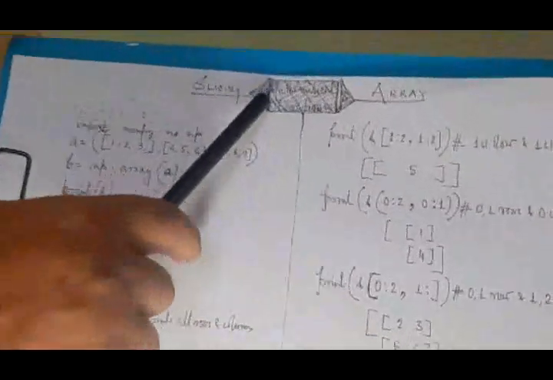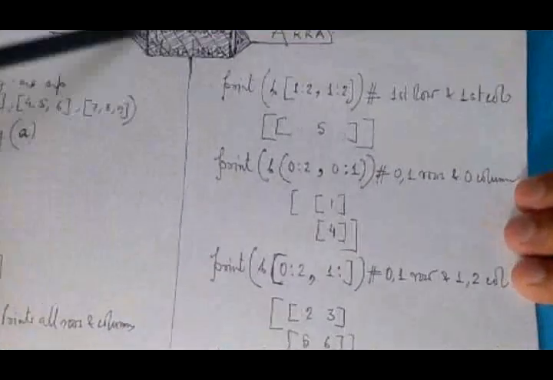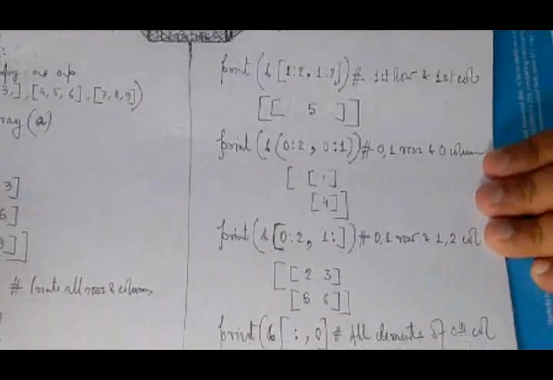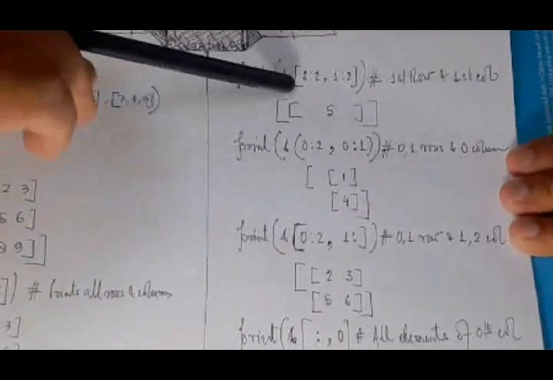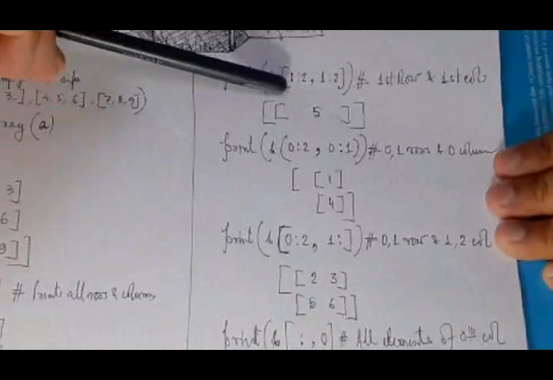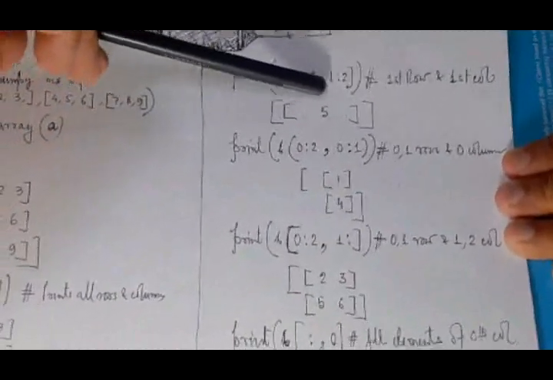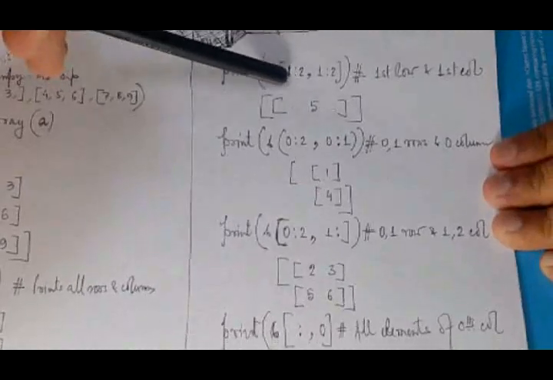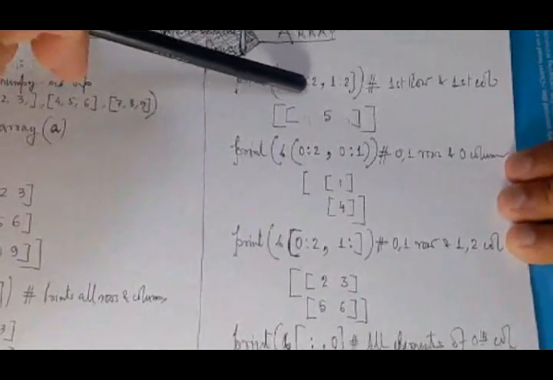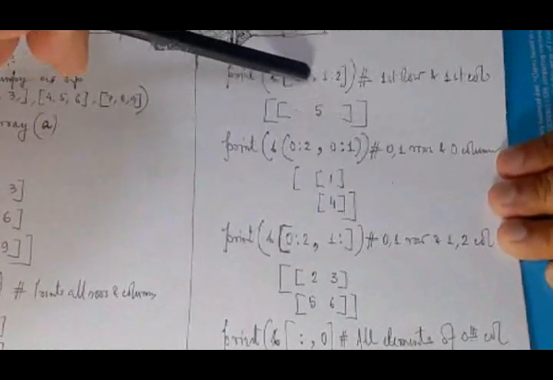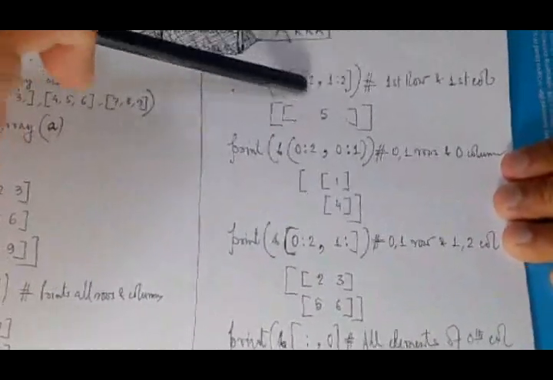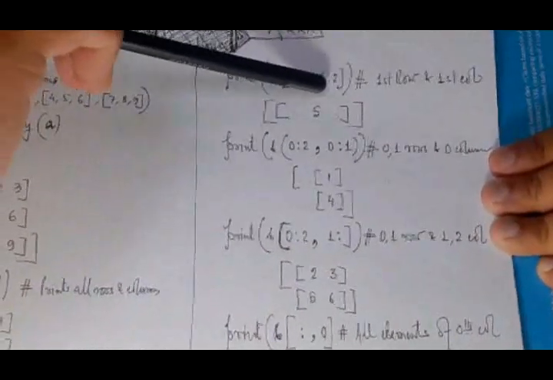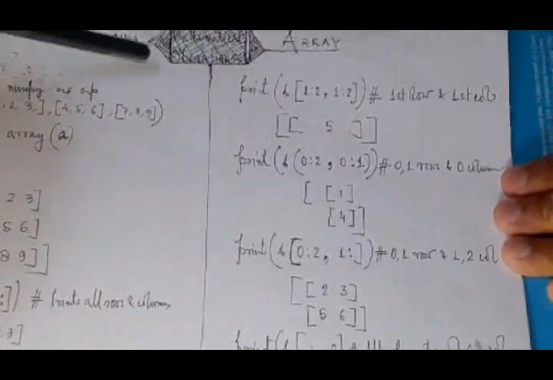Now let us check some examples. Print B[1:2, 1:2]. So the row of 1 index, values of the row of 1 index will be taken, and values of the column of 1 index.